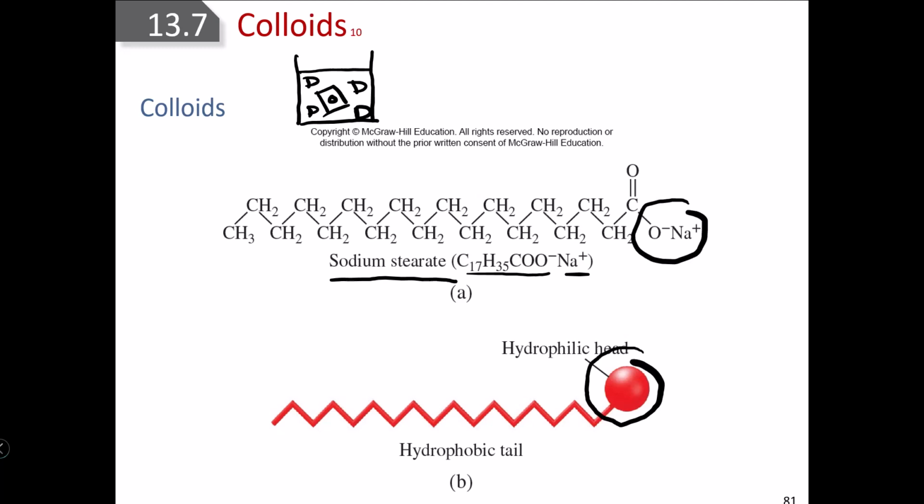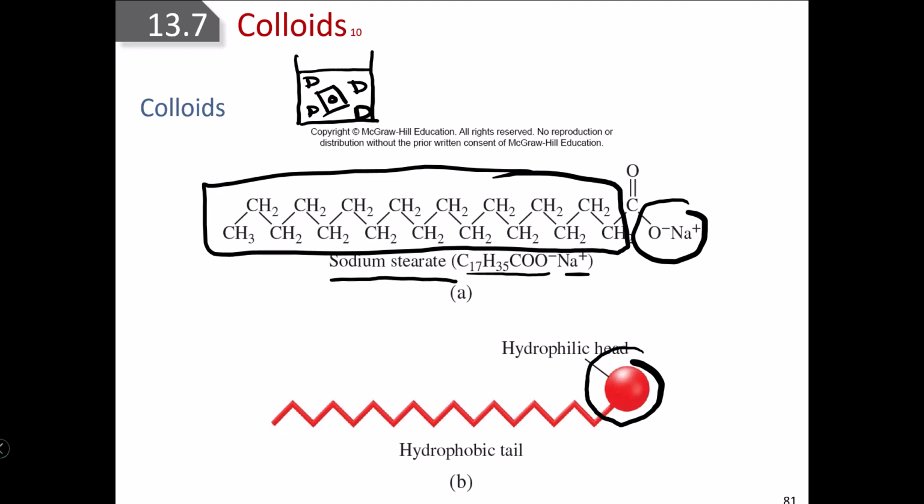And then all of this, from chapter 11, you know that this is nonpolar. It's covalently bound. What this sticks to is another similar substance right next to it through London dispersion forces. So you have the polar end of the molecule and you have the nonpolar end of the molecule.